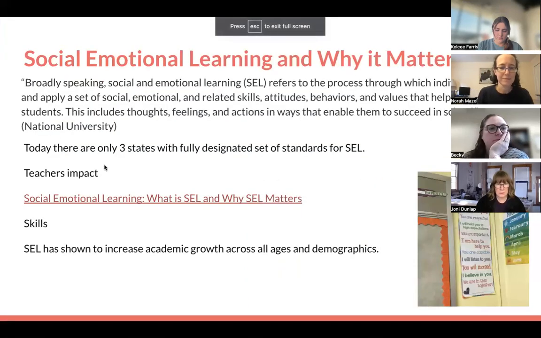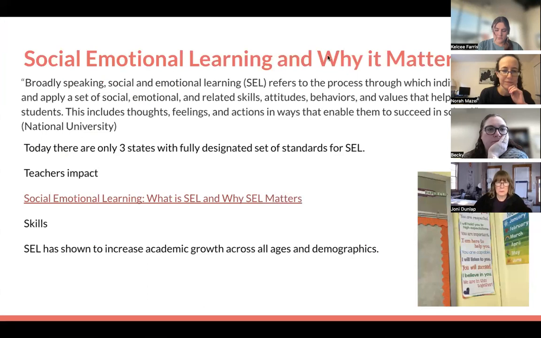I think we have a really good understanding of the why, but I want to give us more context into the how. Broadly, when we think about social emotional learning, it's a process through which individuals learn and apply a set of social emotional related skills, attitudes, behaviors, and values that direct students. These could be thoughts, feelings, and actions that help them succeed in school.